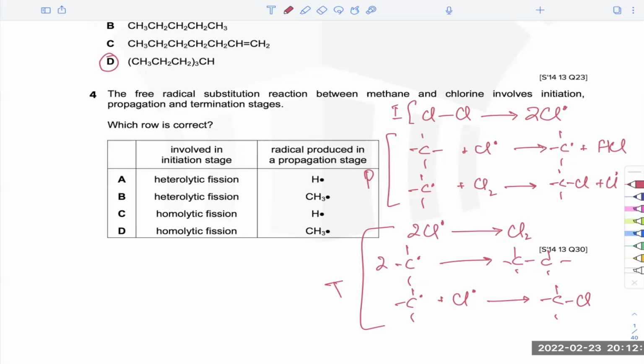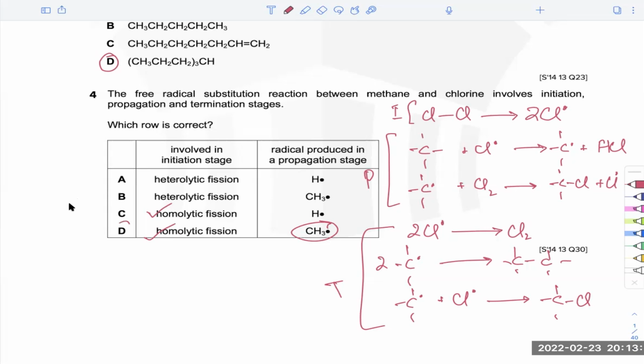What is involved in the initiation stage? You're getting radicals, right? Radicals are formed by homolytic fission. So, yep, homolytic fission. And for the radical produced in the propagation stage, you can get a methyl radical in propagation. You won't get a hydrogen radical because hydrogen is not going separately, or hydrogen wasn't bonded with something. So you get HCl.